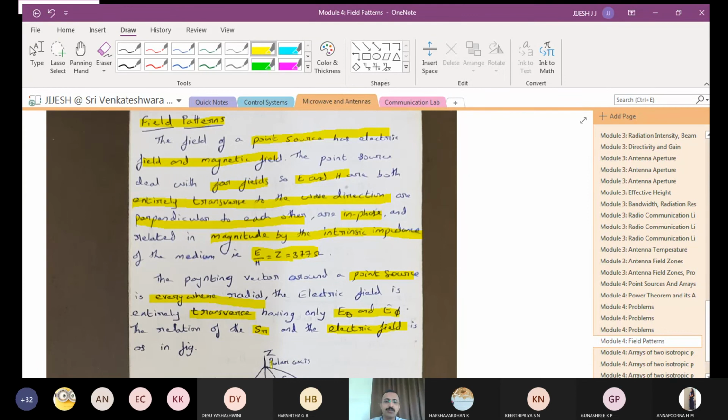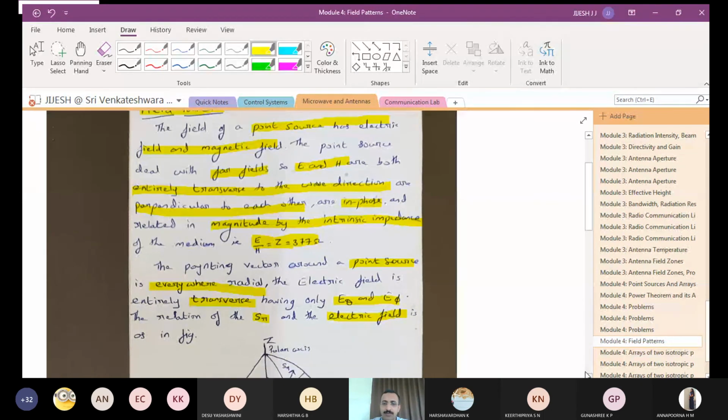You should not miss all those things when you are writing the answer for module 4 if it is asked for field pattern. You need to add those things as well. Okay, so you can make a note of all these things.